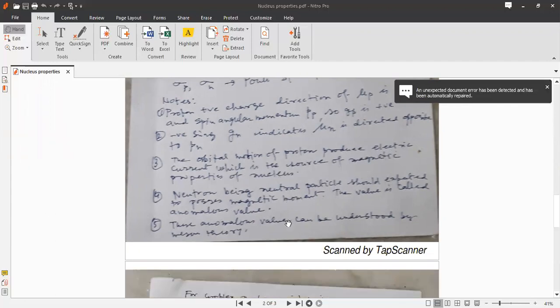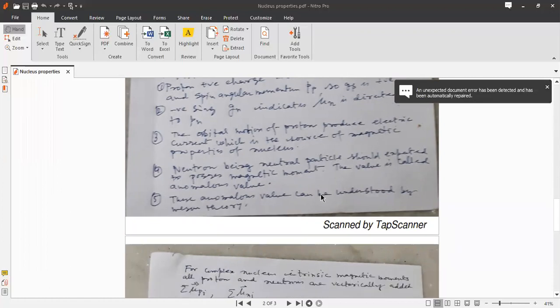Now, the neutron being a neutral particle should not be expected to possess a magnetic moment. We know that a magnetic moment usually exists for a charged particle. When you place a charged particle in a magnetic field, it has some splitting in the spectral line. It changes its energy, it deflects, it changes its direction, as we have read in our undergraduate classes in the case of the Zeeman effect.